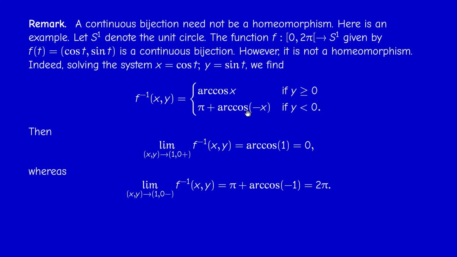However, if we let x tend to 1 from below, so y being negative now, we'll get pi plus arccosine minus 1, and arccosine minus 1 is pi, so we get 2 pi. And therefore, this proves that f minus 1 is not continuous at the point 1, 0, which is the point to the right. However, if you let x tend to minus 1, 0, you'd get the same thing.